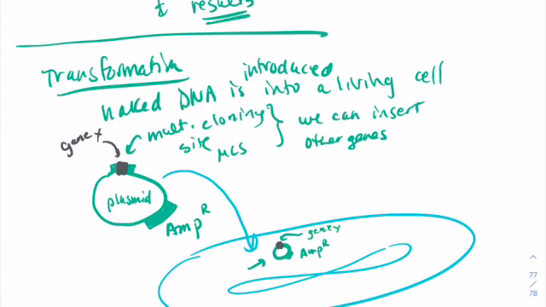So we use that in the laboratory a lot. This is one form of genetic engineering. It's one way that we get bacteria to make certain proteins that we would like to have lots of, but are harder to get lots of in other ways. So it's one way that we've genetically engineered bacteria to do that for us.